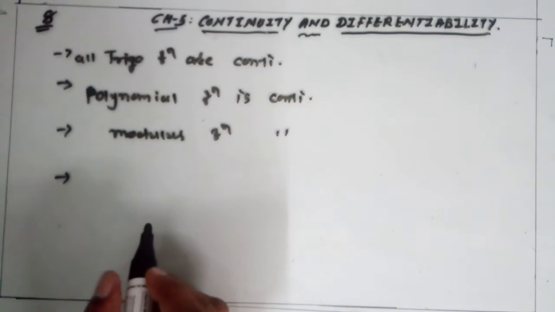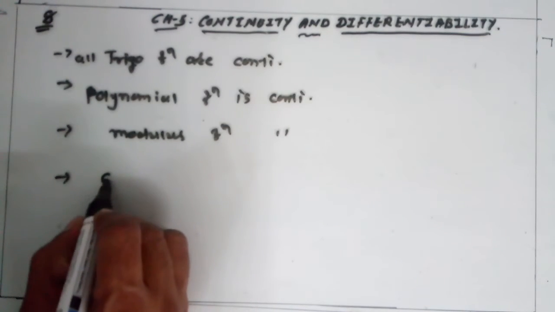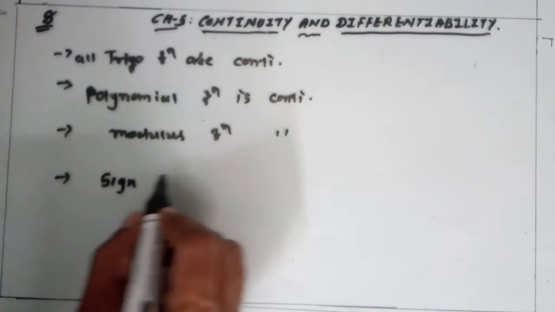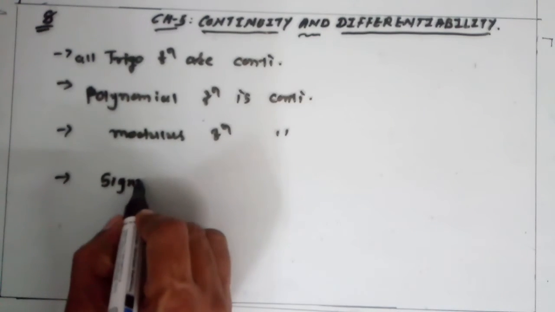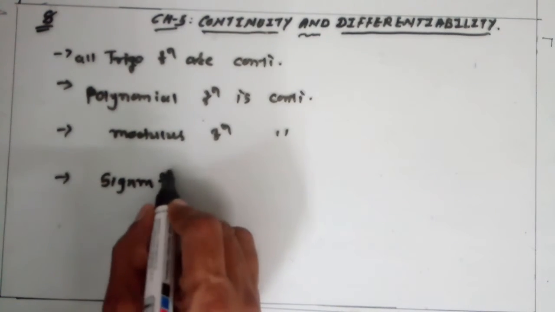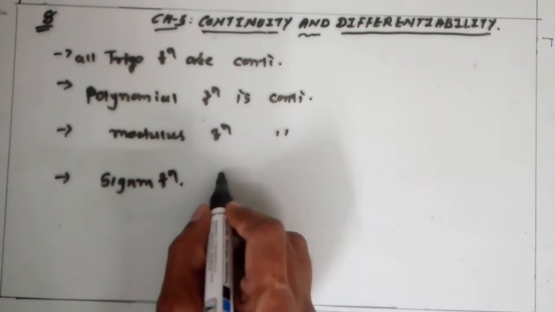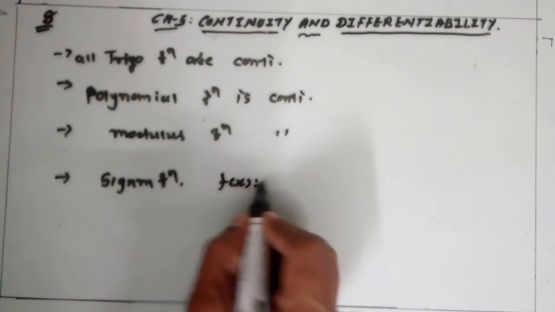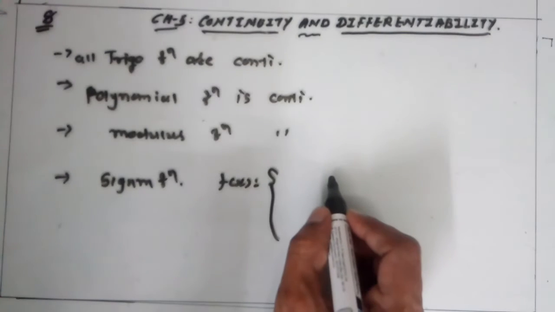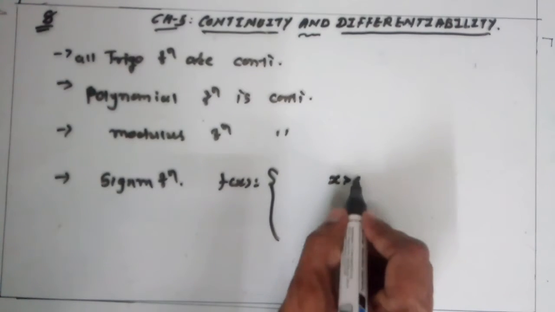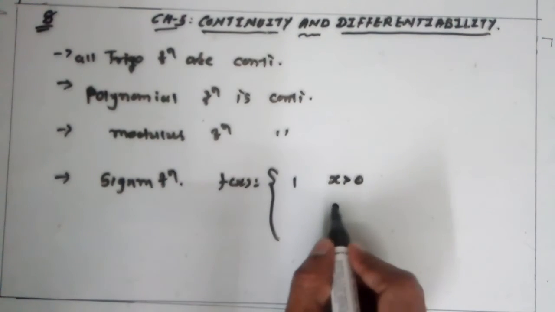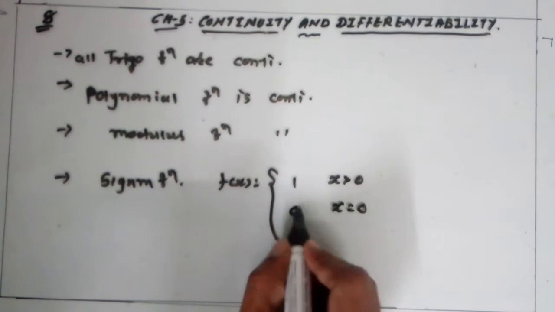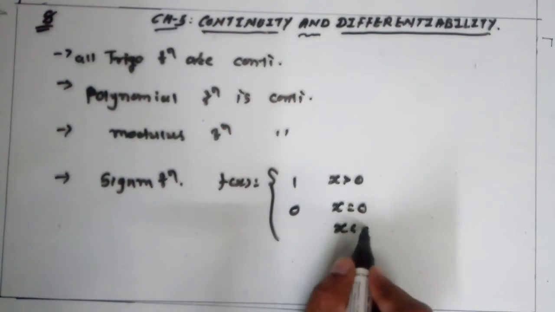What do you say about the signum function? You know the signum function: f(x) is equal to 1 for x greater than 0, 0 for x equal to 0, and minus 1 for x less than 0.